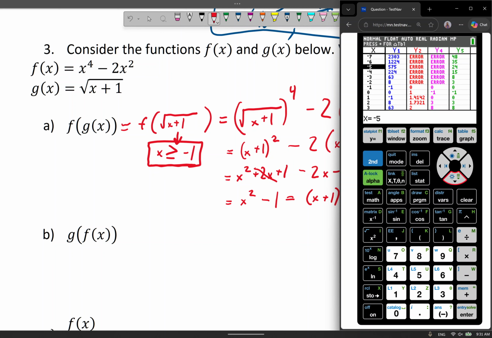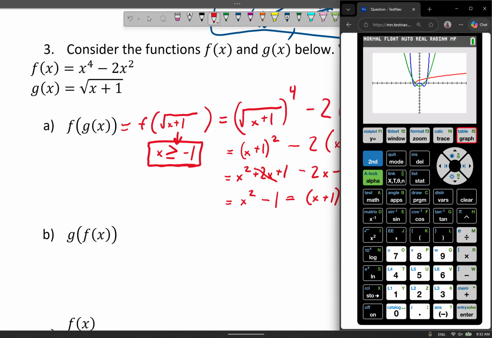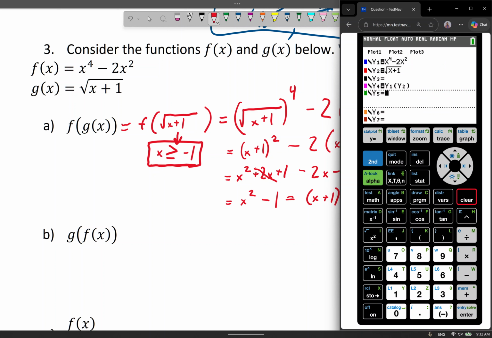So the green and the pink look identical. As you can see, it's like 0, -1, 0, 3, 8, 15, 24, except the pink has this error, and it's because of the function within a function statement. I'll get rid of the green one more time so you can see what that looks like.